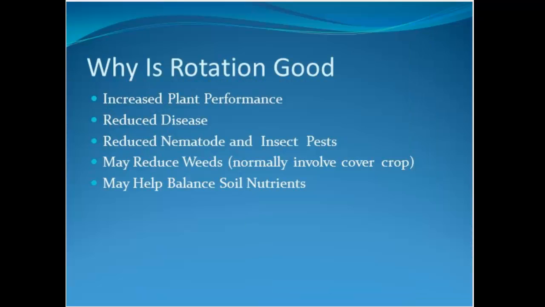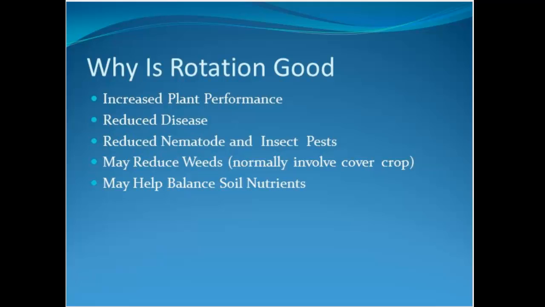So we've talked about high tunnels, but since it's rotation in high tunnels, now we need to talk for a brief bit about rotation. Why do we normally consider crop rotation good? By crop rotation we mean not growing the same thing time after time in the same location. Crop rotation is normally associated with increased plant performance, for a number of reasons, including a reduction in the amount of disease and a reduction in nematode and insect pests.